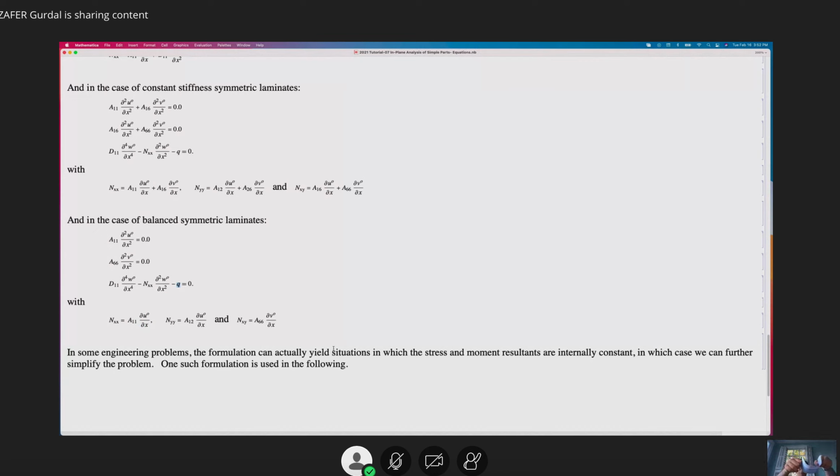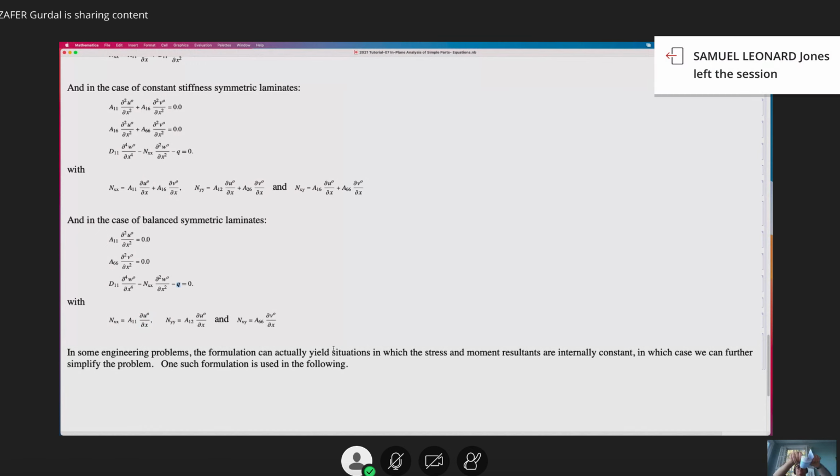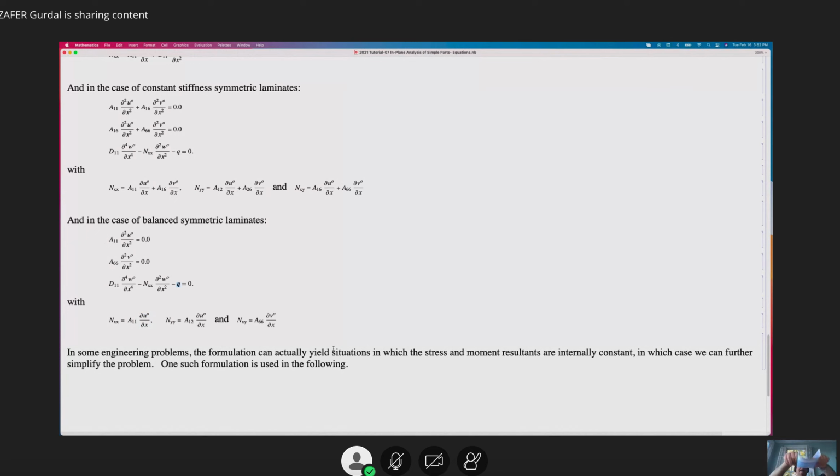So we can start writing classical beam equations for this. By putting supports in here and putting out-of-plane loads into the laminate, we're going to be able to design layups of laminates in pure bending.